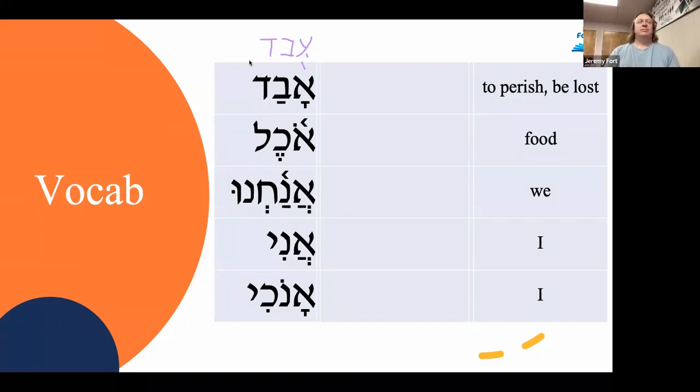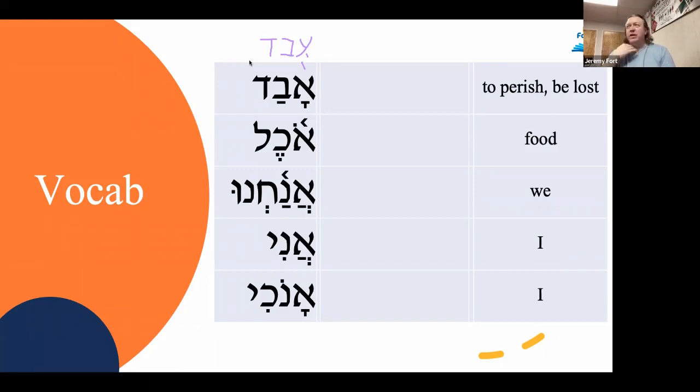So is an aleph like an ayin with a dagesh, kind of? No, it's more like that stop. So avad would be that sound, to perish. And then the ayin originally, in Arabic, has kind of a G sound.